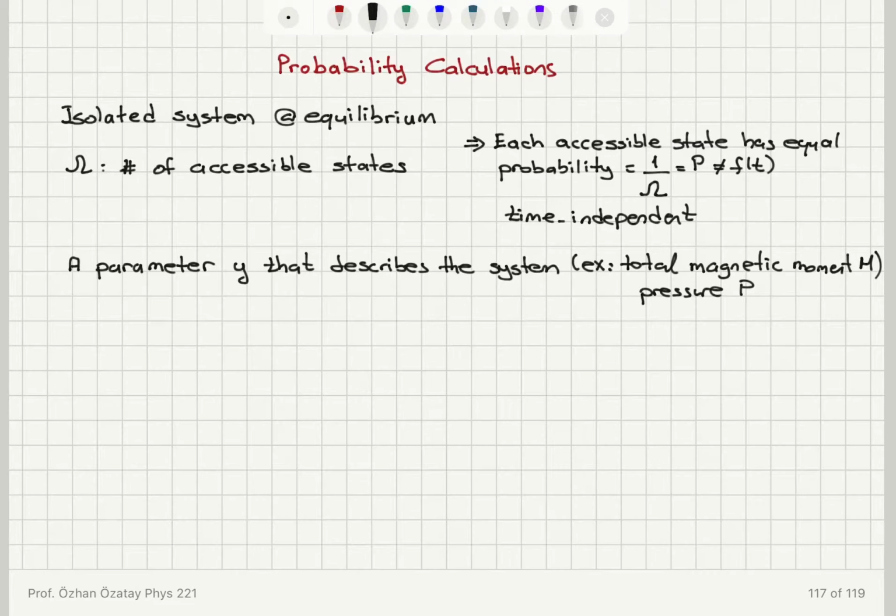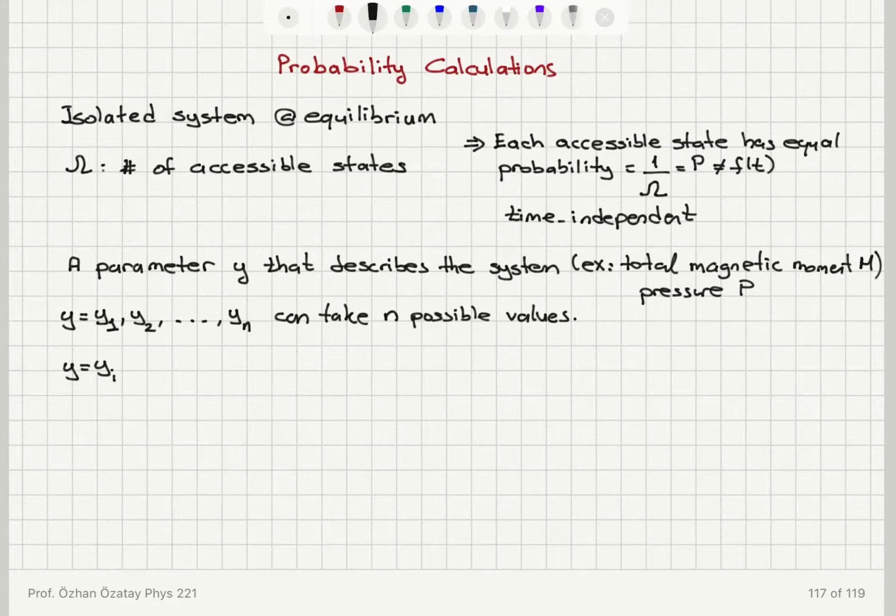And let's say that this parameter can have, due to the restrictions that are imposed on the system, n possible values, y1, y2, all the way up to yn.